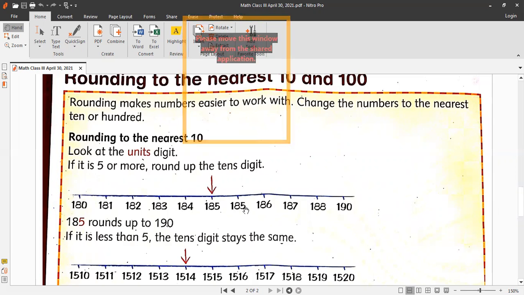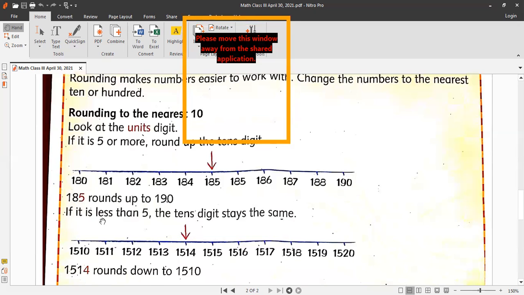If it is more than 5, I also move on to 190. If the unit is less than 5, then I stay on 180.